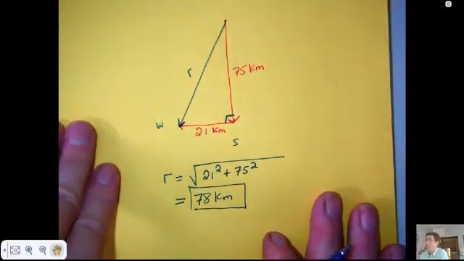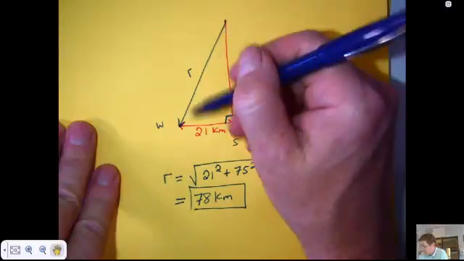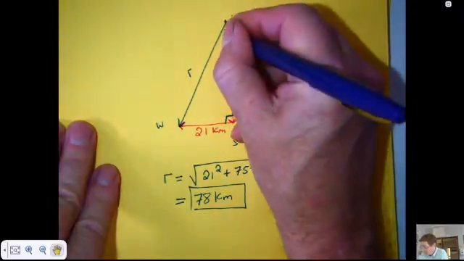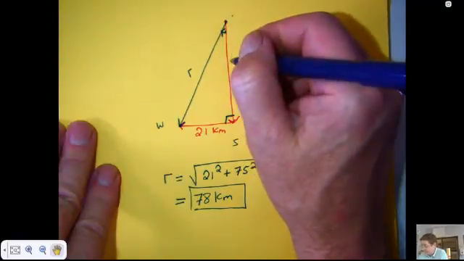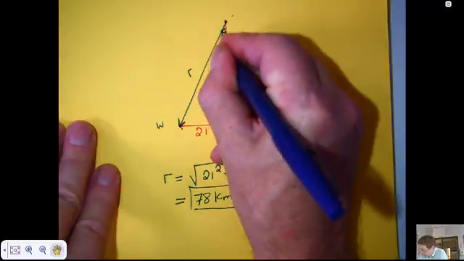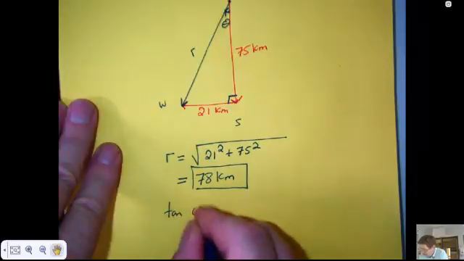And then what angle do I want? This one or this one? At the base, right? So how many degrees have I rotated to the west from south? So that means the tangent of theta would equal what?